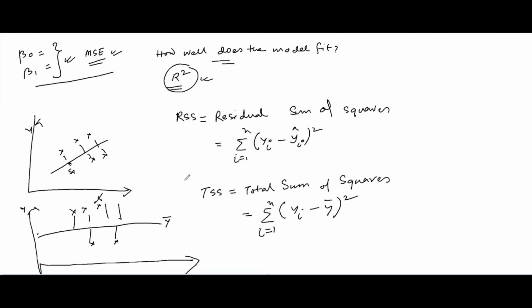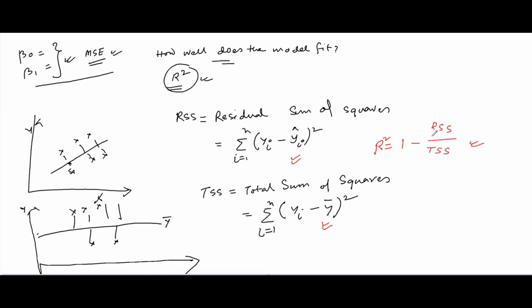Let's put it in a different color so that you can understand. This is y prediction, this is y mean. Once we find these two, the residual sum of squares and the total sum of squares, the R square formula comes in. R square is 1 minus RSS divided by TSS.